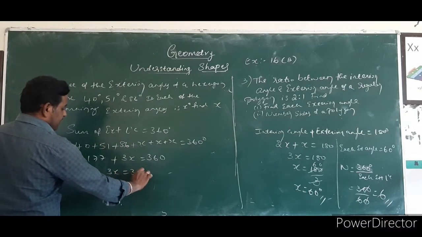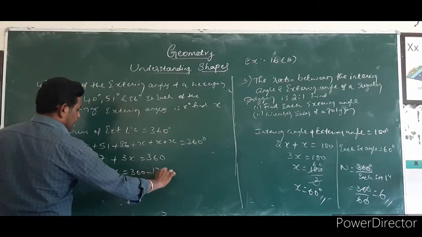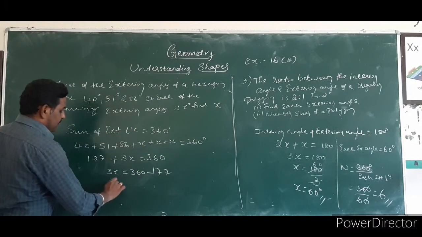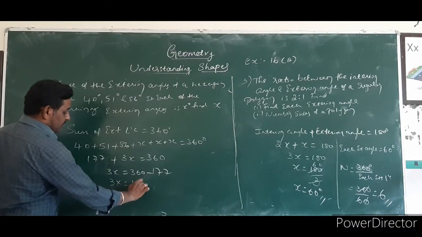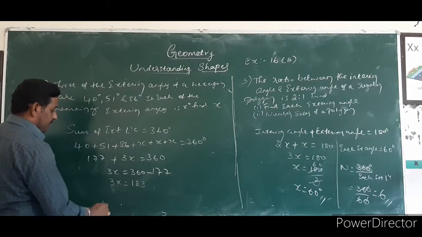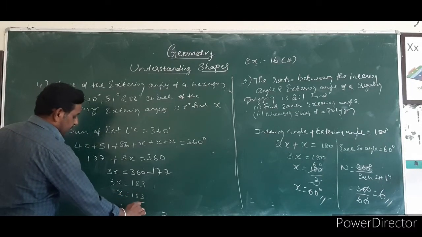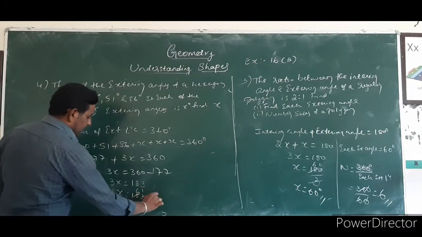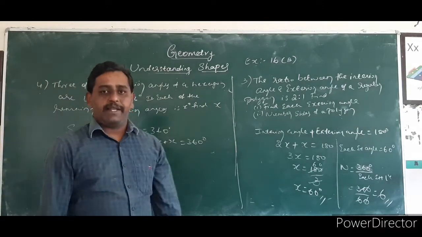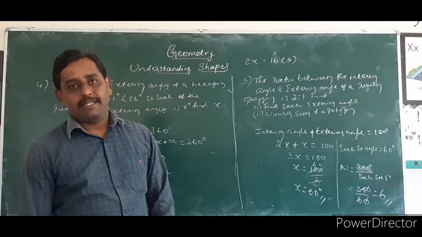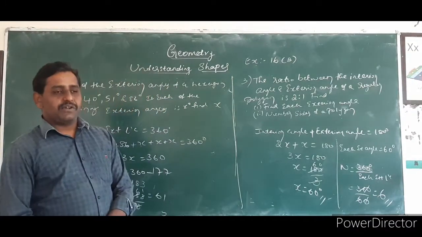Plus x plus x plus x, 3x, equals 360 degrees. 177 goes to that side as minus 177, so 3x is 360 minus 177, you will get 183. So the x value is equal to 183 divided by 3, which is 61. What are the remaining angles of the hexagon? That is 61 degrees. So like this we are going to solve the problem.